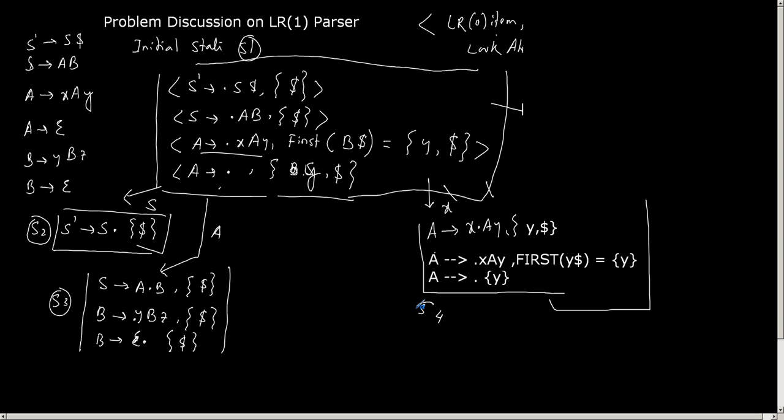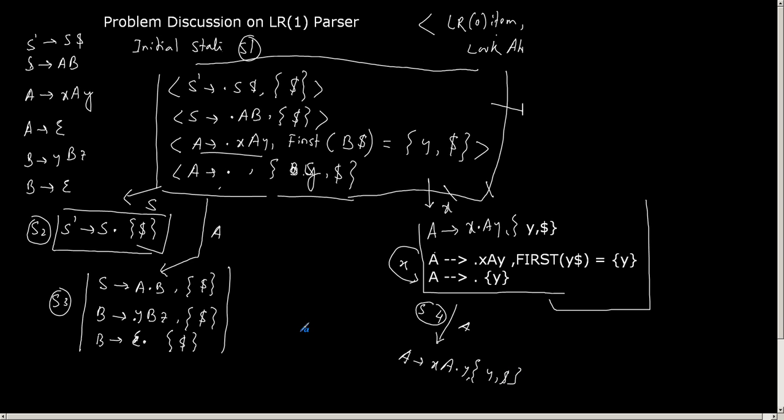Similarly, from here, if you consume X, then you will remain in that state. Understood? And if you consume further A, then you will go to a state like A → XA.Y, and the look ahead symbols will be Y dollar.